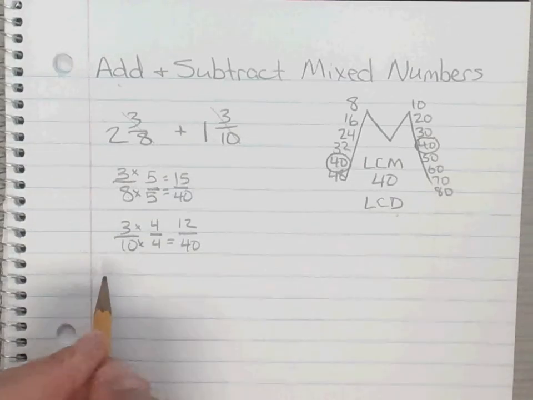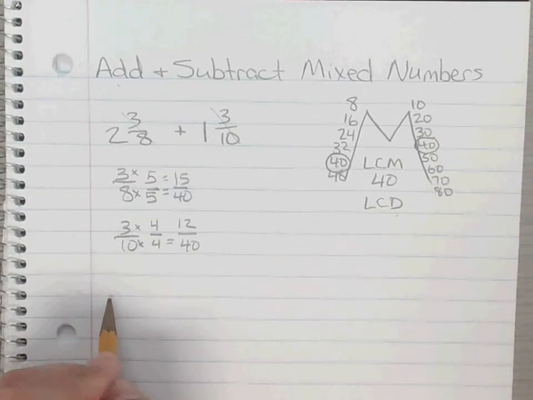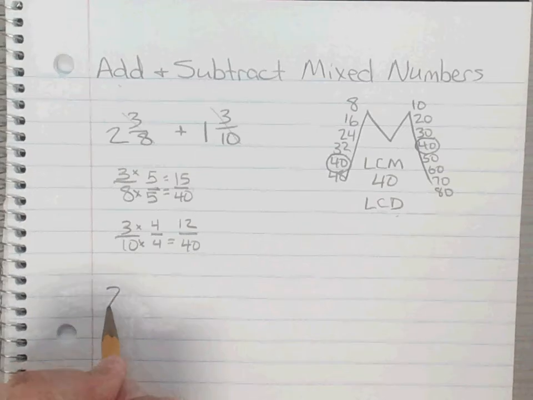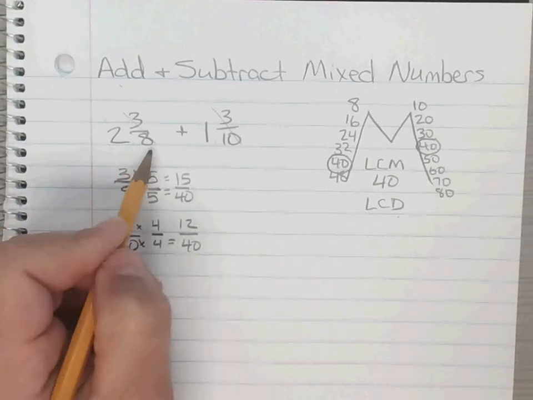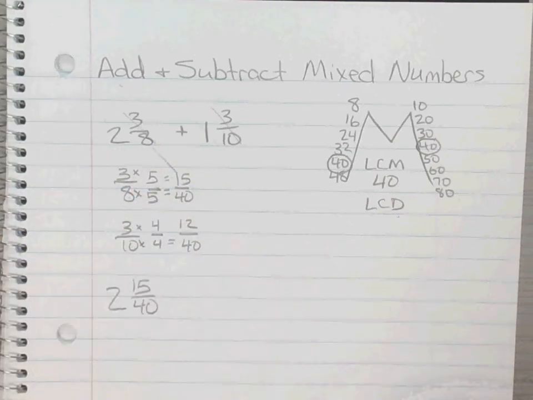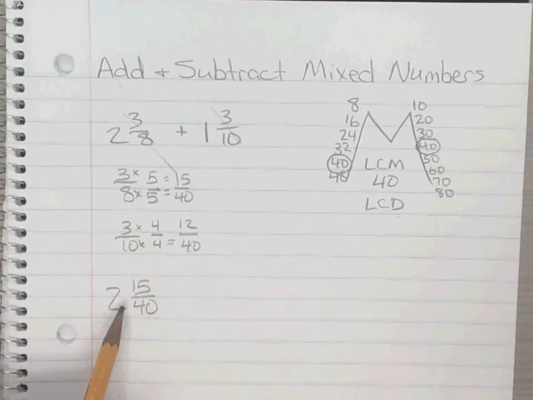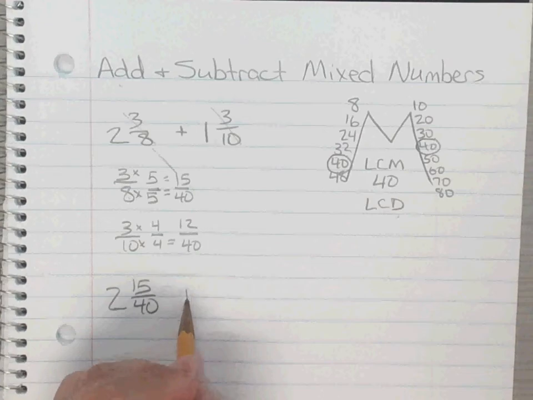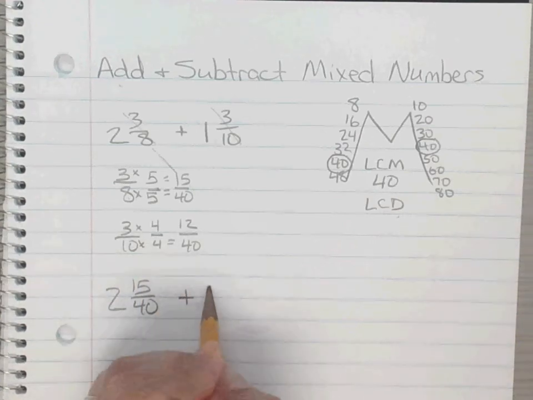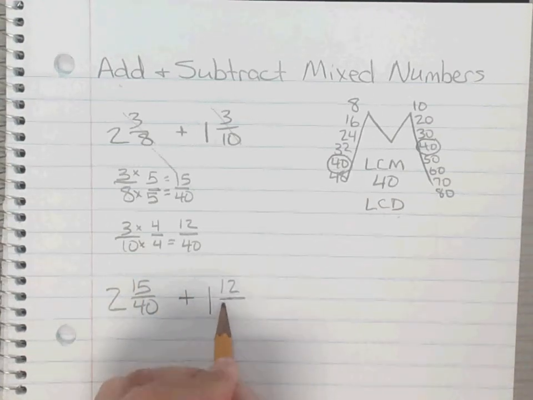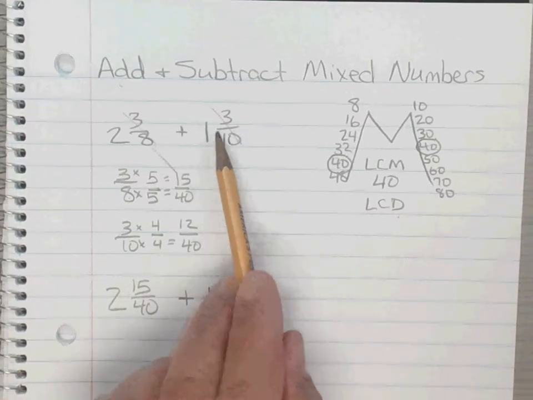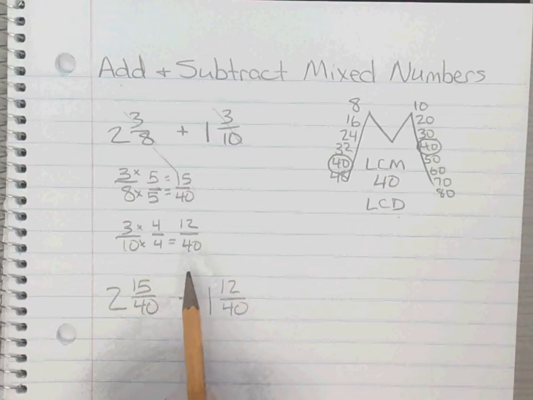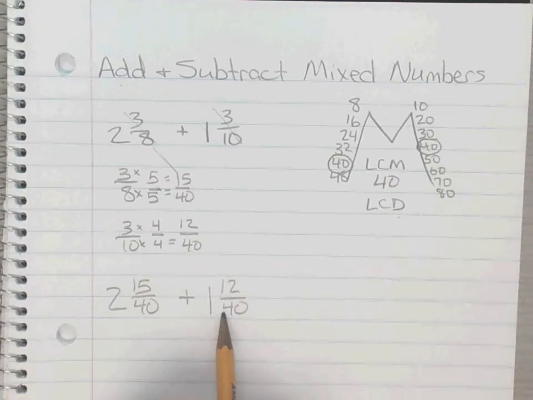I'm going to rewrite my problem now as 2 15/40, because 3/8 is now equal to 15/40, plus 1 12/40. I have renamed it as an equal fraction. 1 3/10 is the same as 1 12/40.